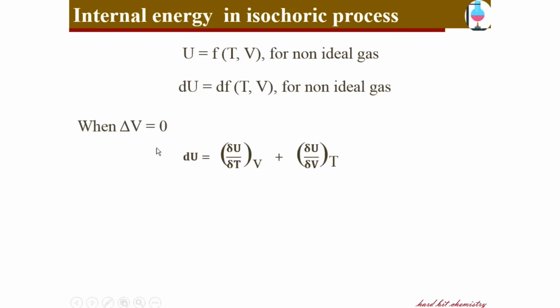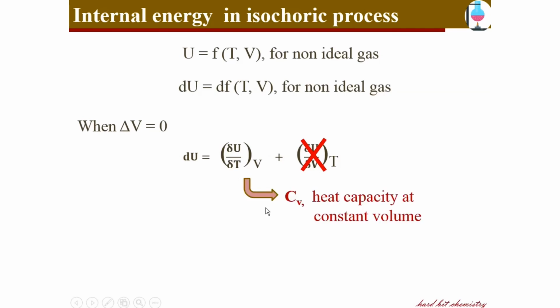Defining the process to be isochoric, there is no change in volume, so we don't need to consider the second part of the differential. Then the change in internal energy depends only on the change in temperature, through the factor: change in internal energy with respect to change in temperature at constant volume.